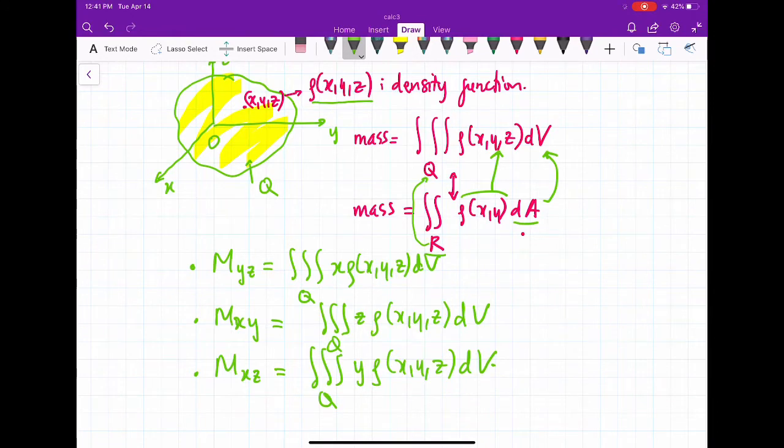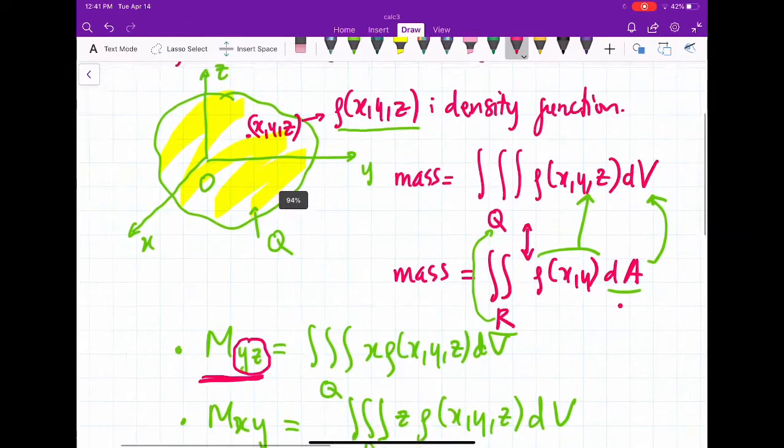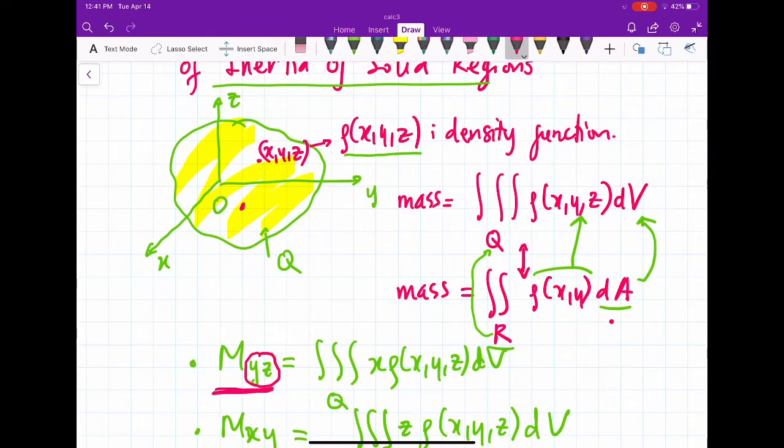Since we consider the three-dimensional case, you would like to consider the moment with respect to some plane. In this case, you have three basic planes: the xy plane, the yz plane, and the xz plane. Make sense? So when you consider the moment of that solid region with respect to the yz plane, you have to consider the distance from a point to the yz plane.